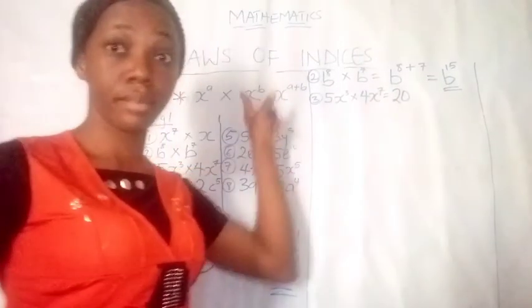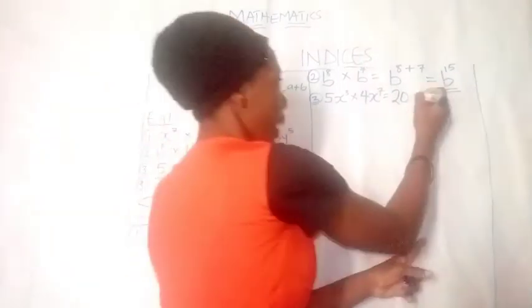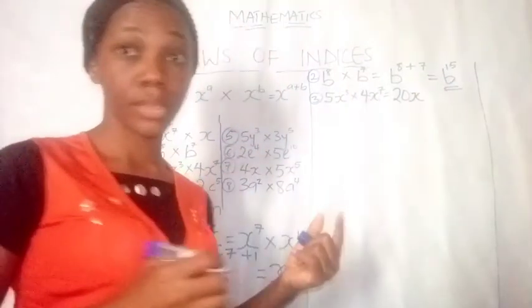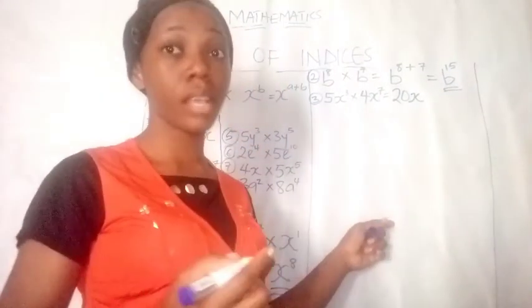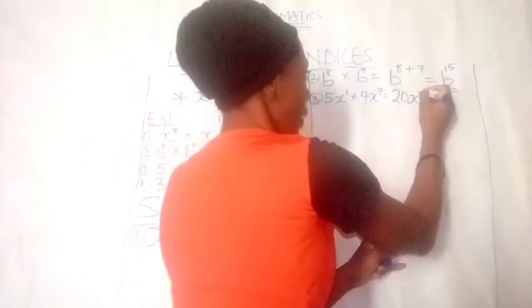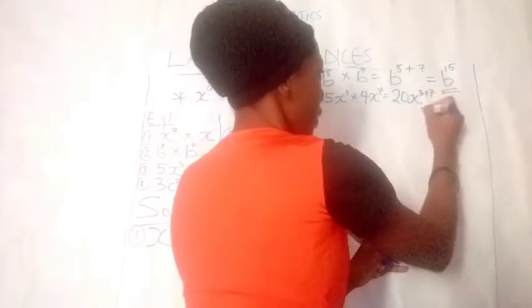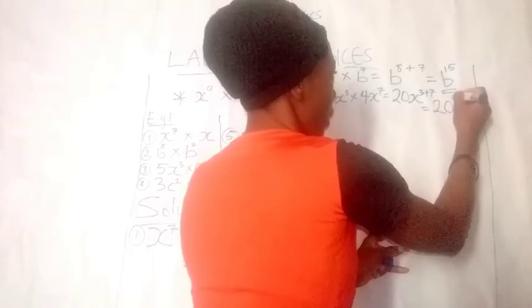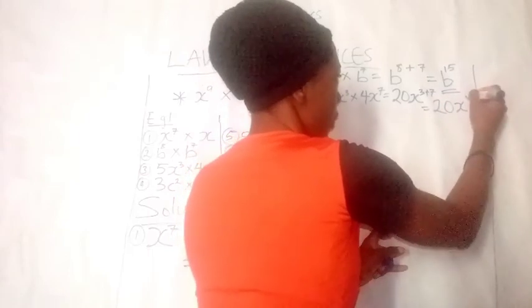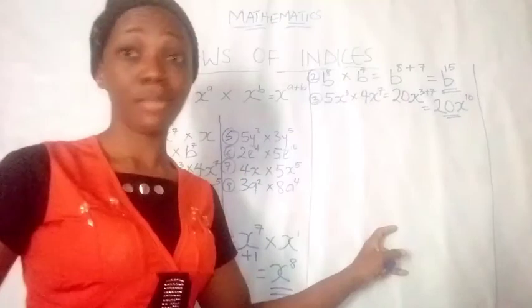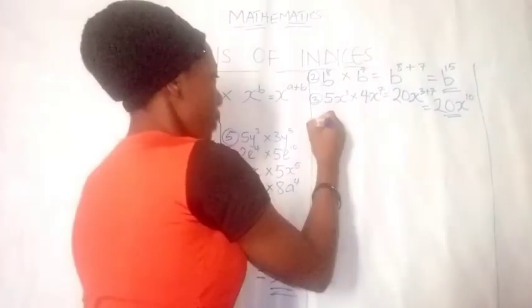Remember our rule again. We pick one of the x, and we add the powers. We have power 3 and power 7, so we say 3 plus 7, and that will give us 20x raised to the power 10. Simple, very simple.